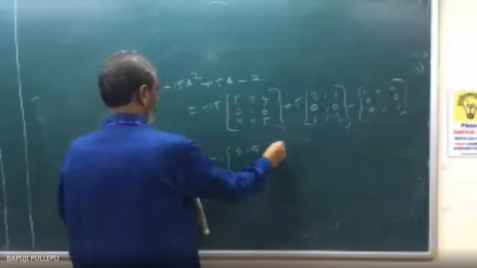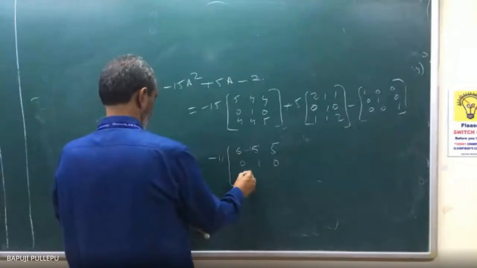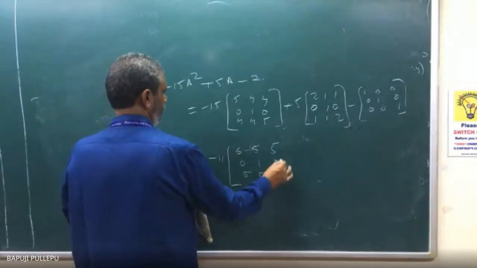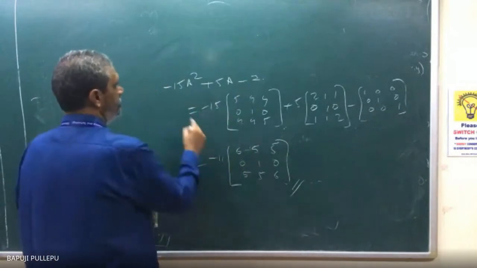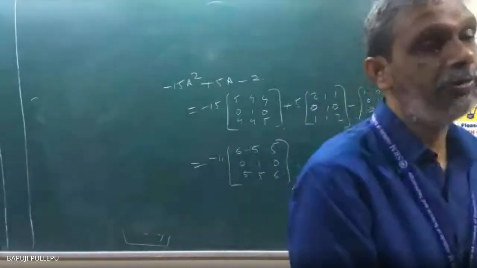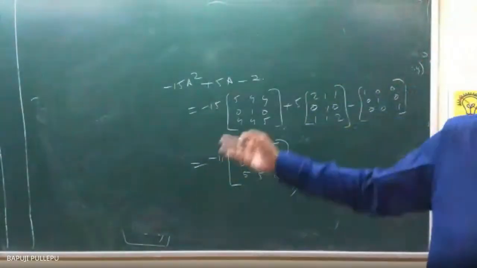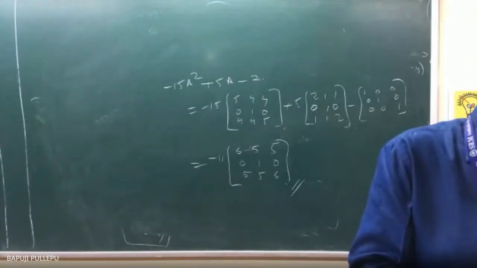Minus 11. So this fellow is equal to this. That whole equation, if you expand A power 8, everything, is nothing but this much. Correct? Yes, sir.